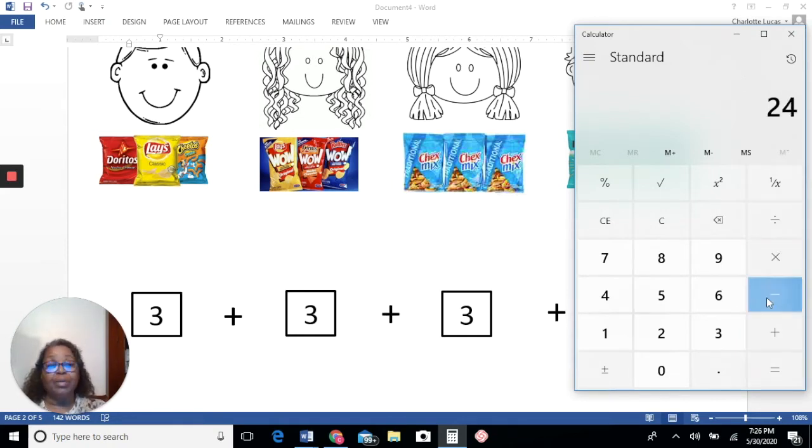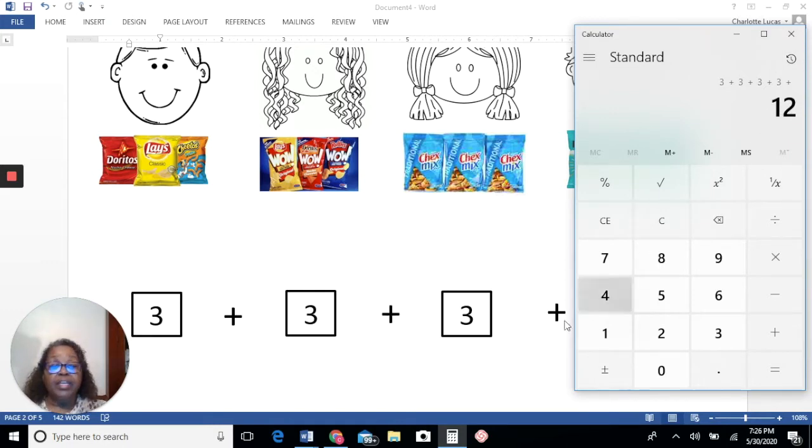I hit the equal sign twice, so that wasn't a good idea. Let's do it again, because I want to make sure that we see it correctly. 3 1 time, 3 2 times, 3 3 times, 3 4 times. And the answer would be 12.